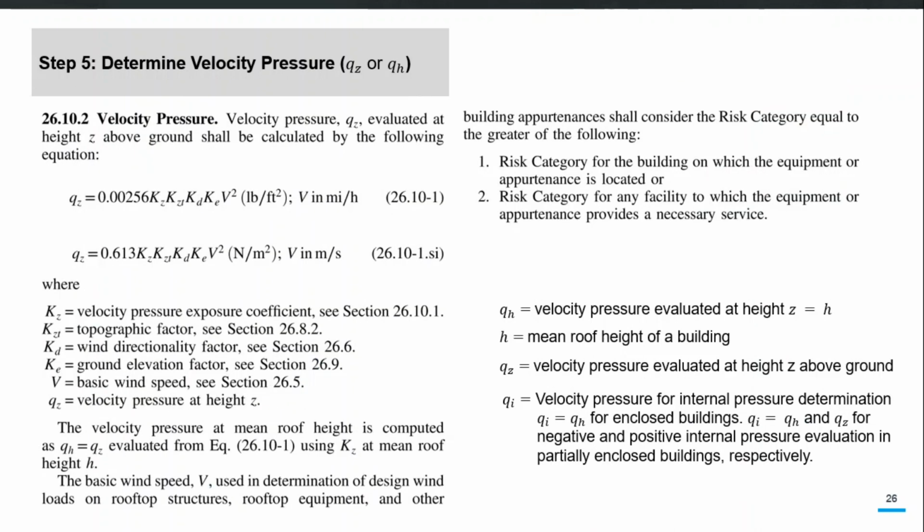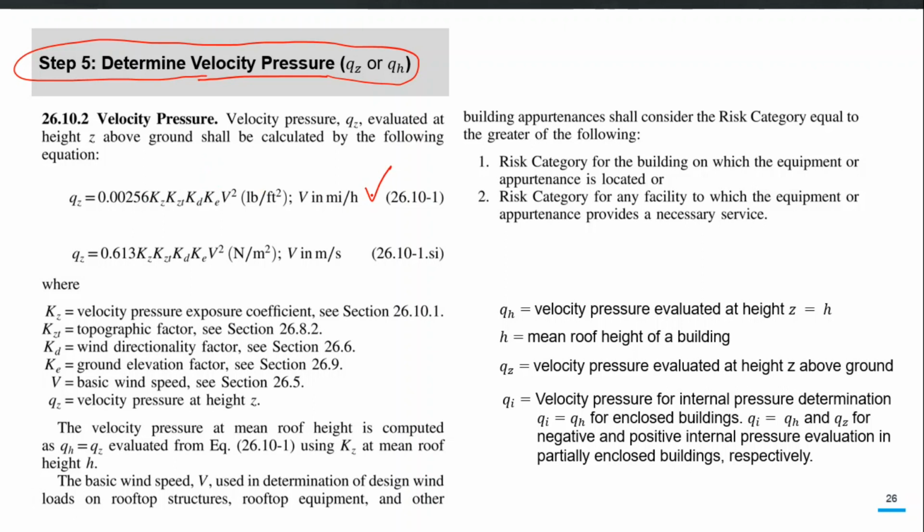Step 5 is the determination of the velocity pressure. This is one of the main steps of the calculation of the design wind pressure p, and in this you will be combining all of those coefficients which you have determined earlier and the design wind velocity which you have determined based on the risk category and the hazard level of your building. Here you actually combine all of them in this particular expression.